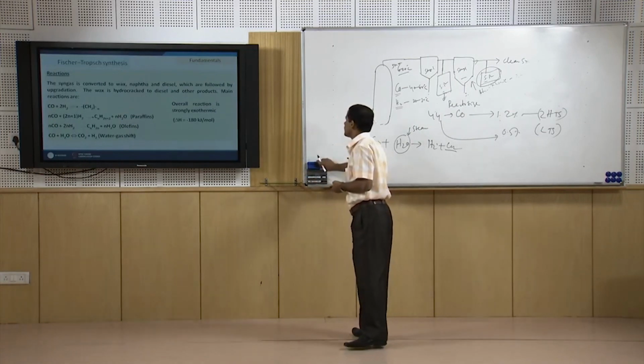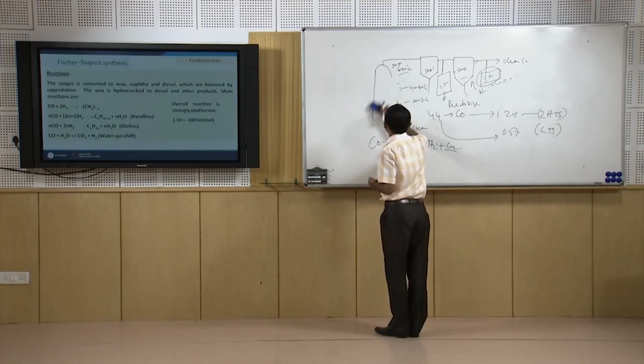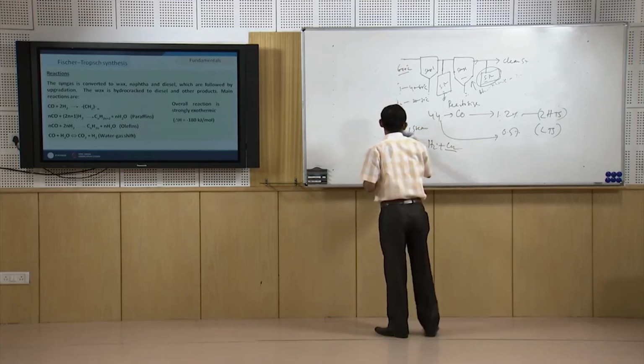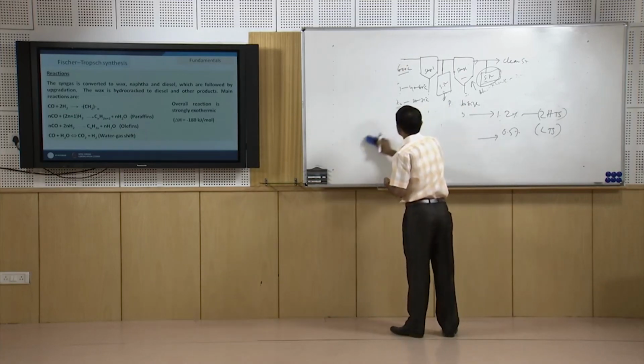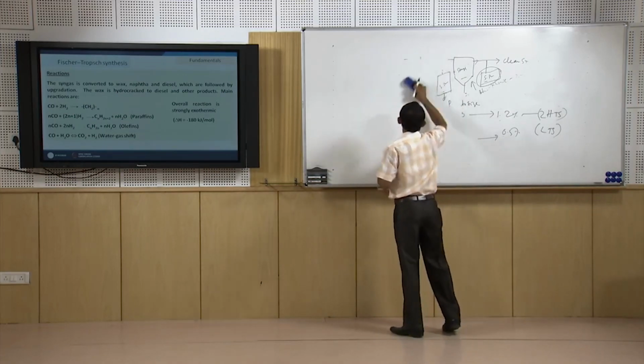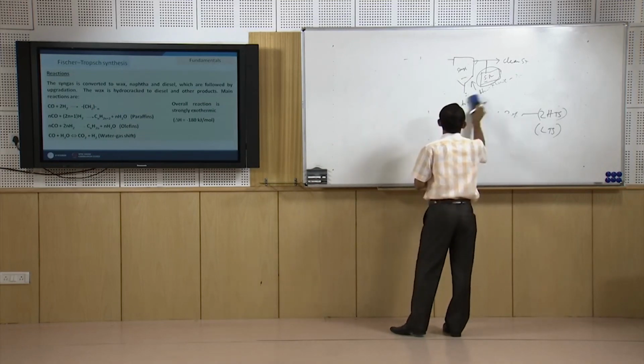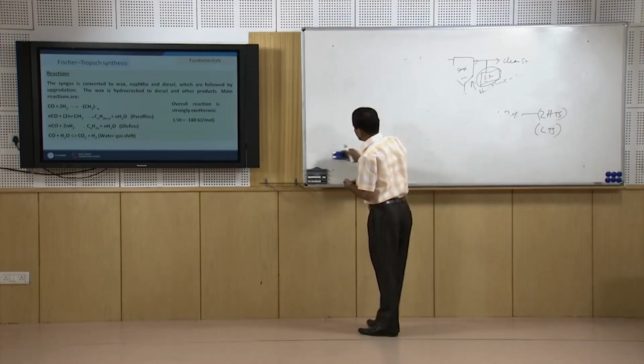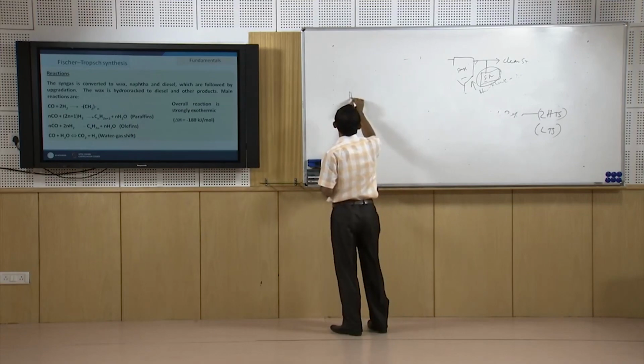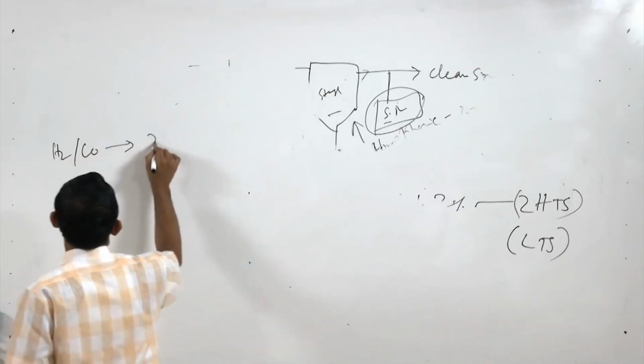Now, we will discuss Fischer-Tropsch synthesis. In case of Fischer-Tropsch synthesis, the syngas containing CO and H2 has a ratio of H2 by CO equal to 2.